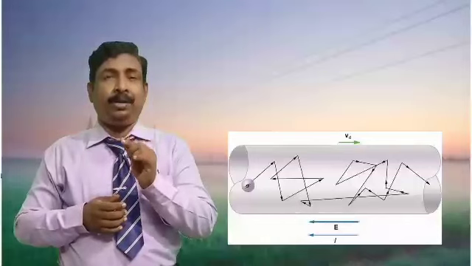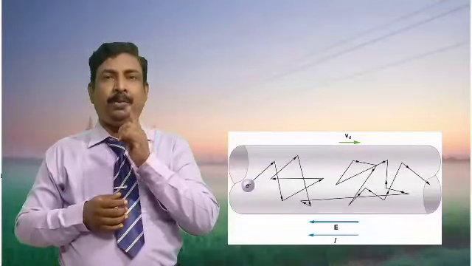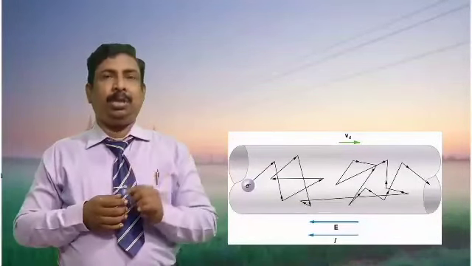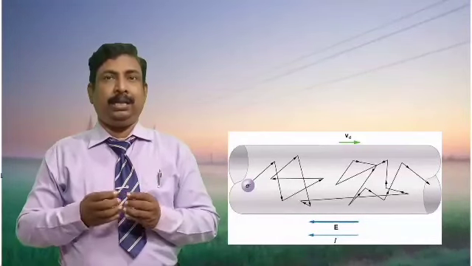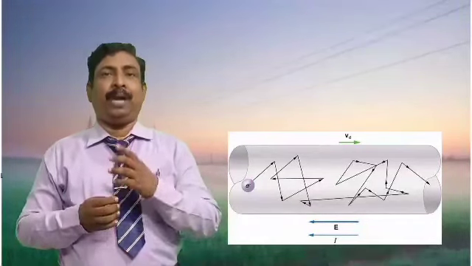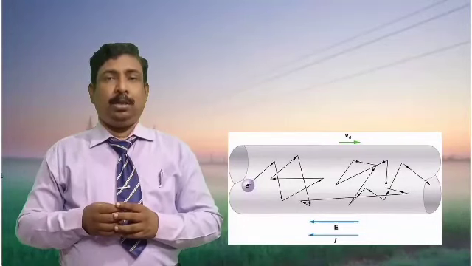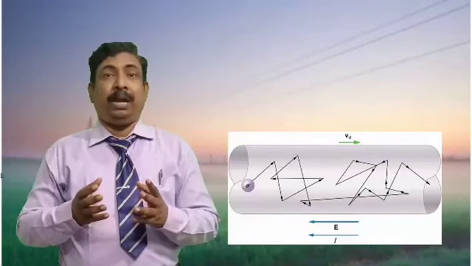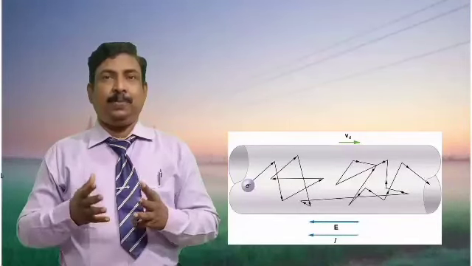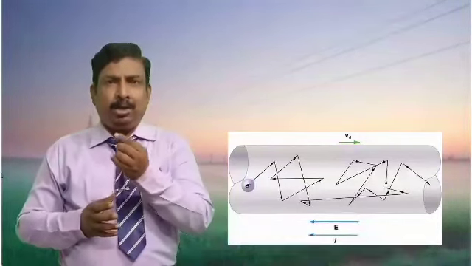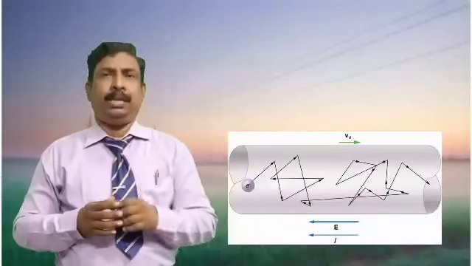The drift speed of an electron in metal is 1 millimeter per second. But when we switch on an electric fan or any light, the action happens within a fraction of a second. The current passes almost at the speed of light, lightning speed. But the electron is drifting at 1 millimeter per second.